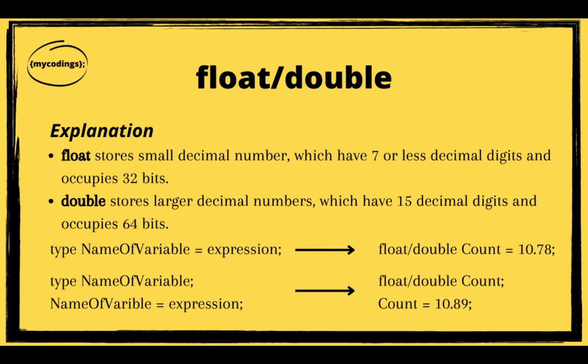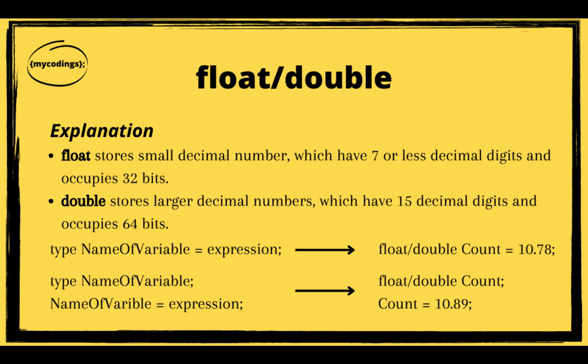Now we have float and double. Float and double are pretty much the same, to be honest. They do store numbers, but float has 32 bits, so it occupies 32 bits, and therefore it tends to save 7 or fewer decimal digits.